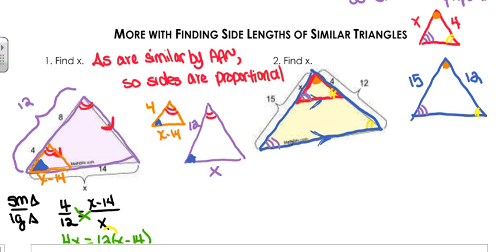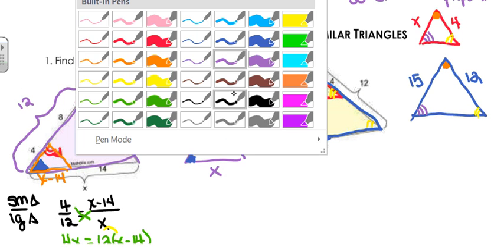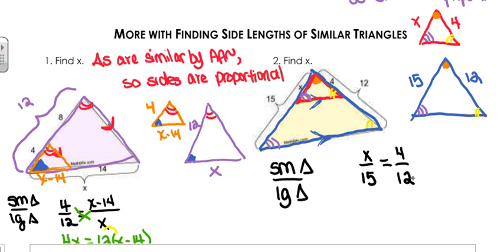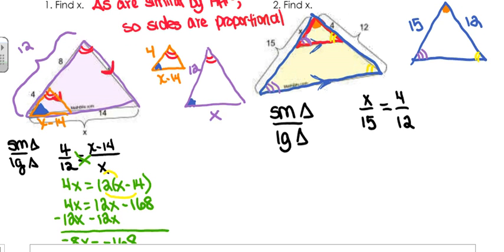I like when I set my proportions up, I will almost always do the sides in the small triangle over the corresponding sides in the large triangle. But you could put the sides in the large triangle over the corresponding sides in the smaller triangle, as long as you do the same for each of your ratios. So x, the left side of the red triangle, over 15 in the blue triangle, equals 4 in the red triangle over its side 12 in the blue triangle.